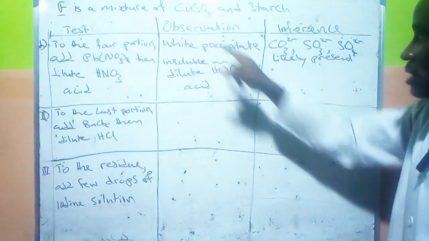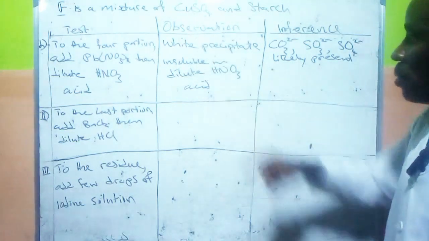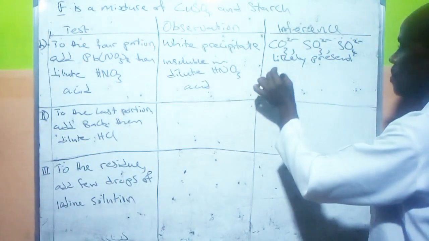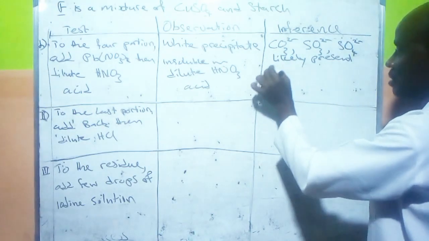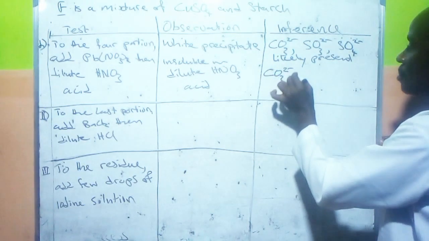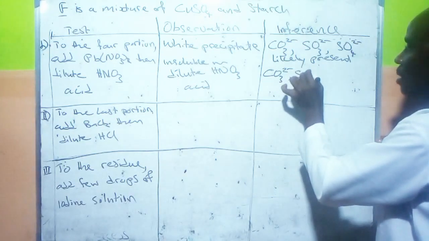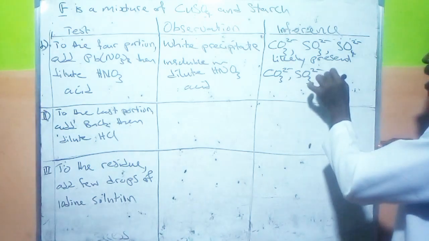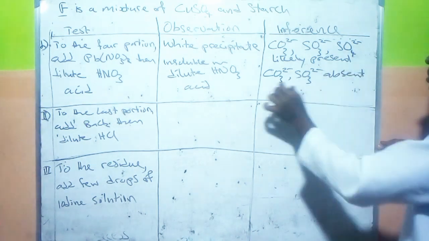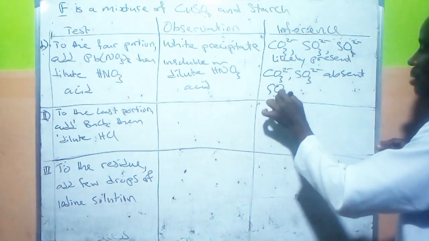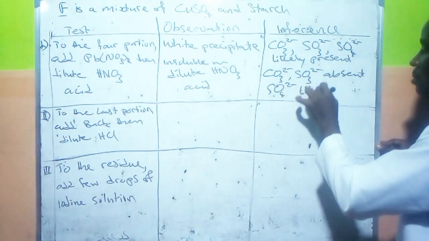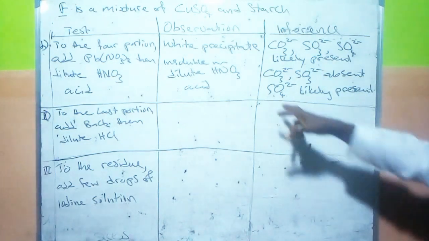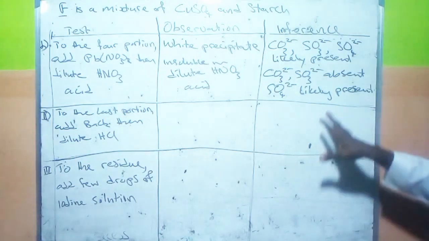Because of this white precipitate, and insoluble in dilute nitrate 5 acid, meaning that these other ones are absent. Tricarbonates, triazosulfate 4 ion absent. Then what we have here should be tetraoxosulphate 6 ion likely present.